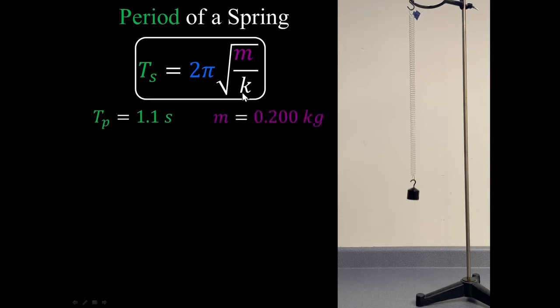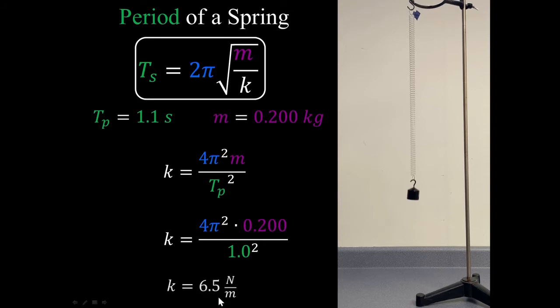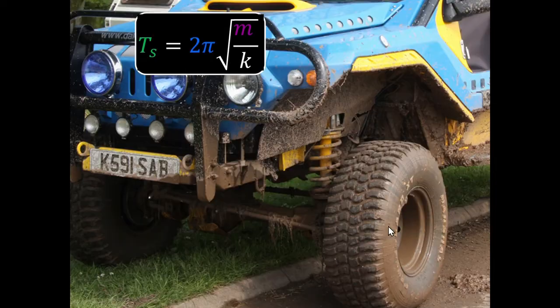If I knew that, and I knew the mass on the end of it here, it was 200 grams, so 0.2 kilograms, well, we can calculate the spring constant. Just rearrange that for the spring constant, plug our numbers in, and our spring constant would have been about 6.5 newtons per meter. Okay, and that's kind of cool.